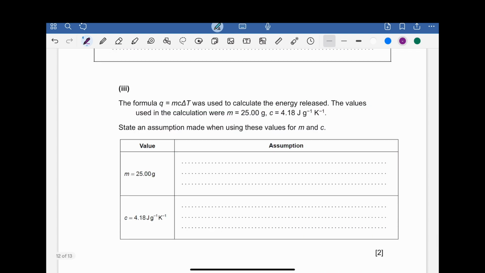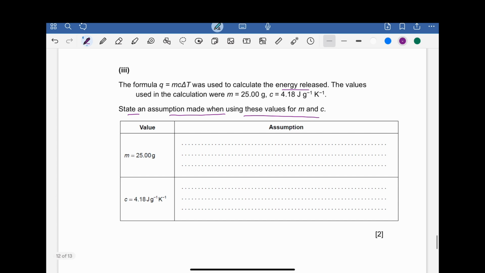3. Q equals mcΔT was used to calculate the energy released. The values used in the calculation were mass 25 g, specific heat capacity 4.184 J per g per K. State assumptions made when using these values for mass and specific heat capacity.